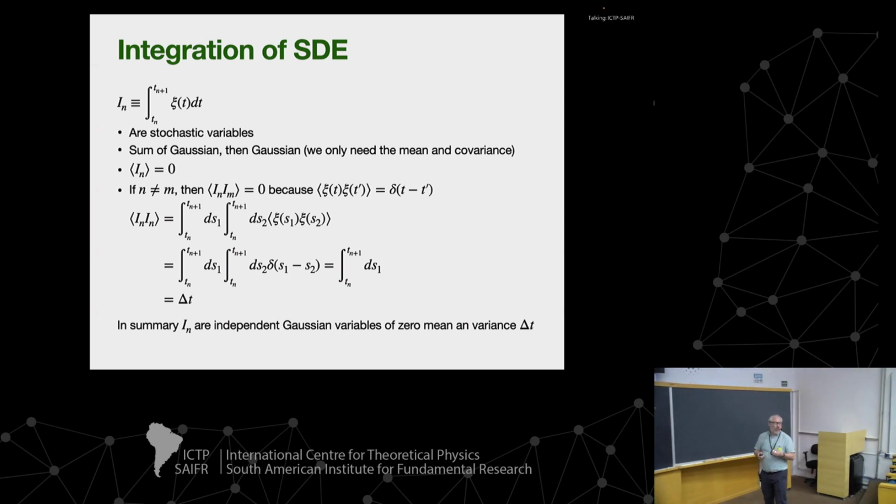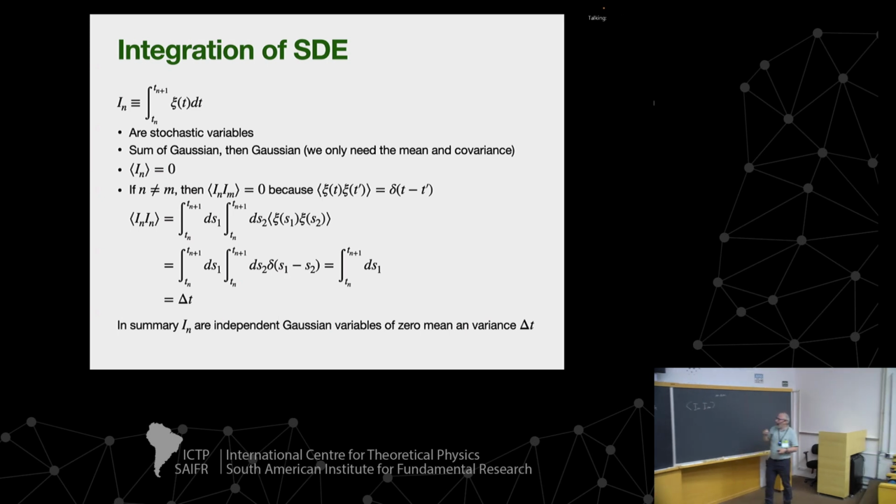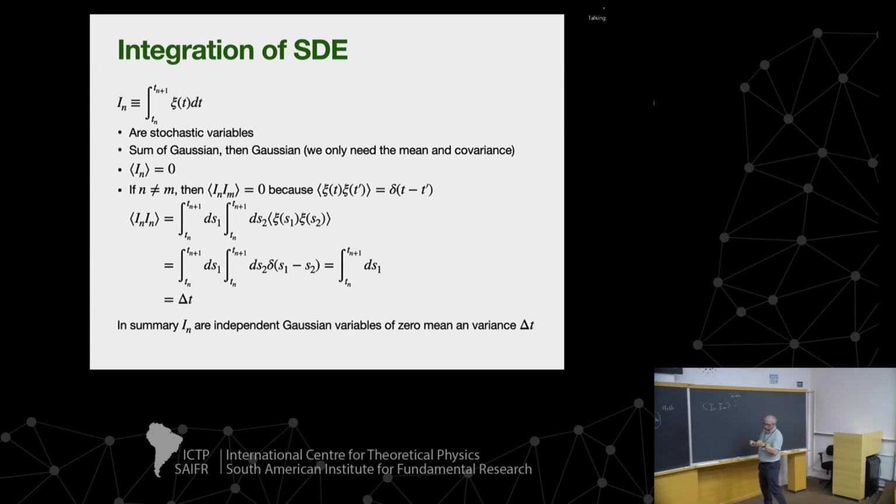Then let's compute the correlations. The correlations between In and Im with m different from n. That is this term at different time steps. Let me go back just to the definition.